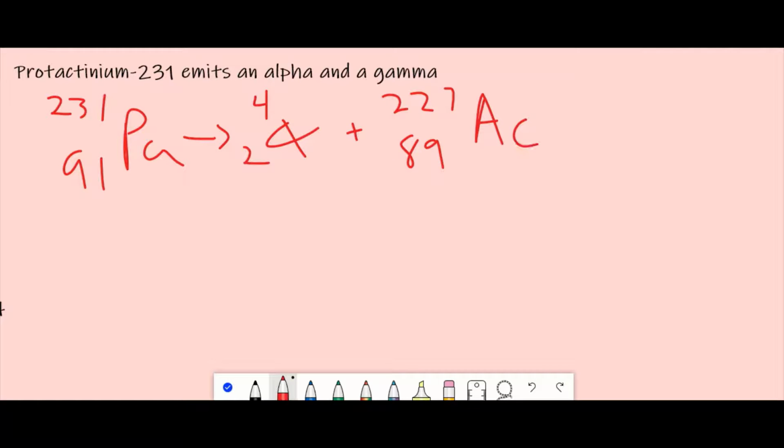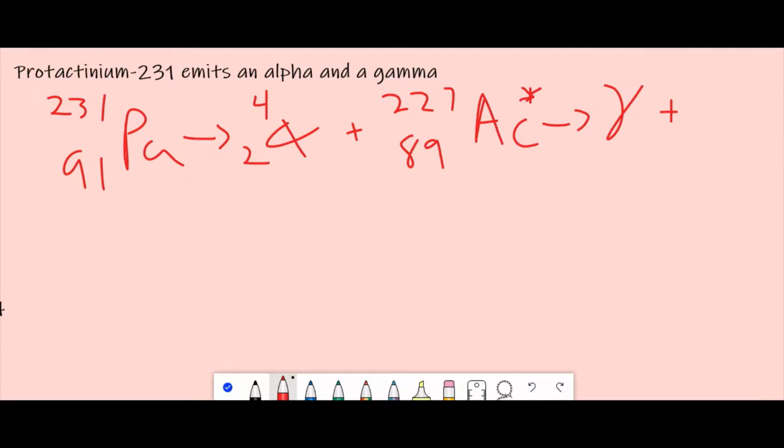It also says it releases a gamma. Remember, if something releases gamma, it already has a lot of energy, so we can put that little asterisk right there. And then we have this little gamma, which you can put 0, 0 if you want, but we usually don't put the 0, 0.